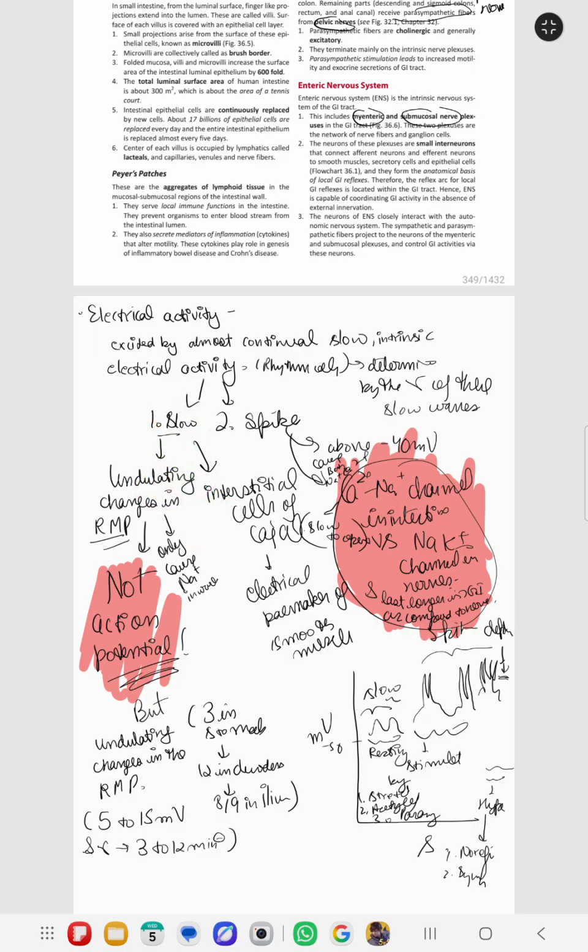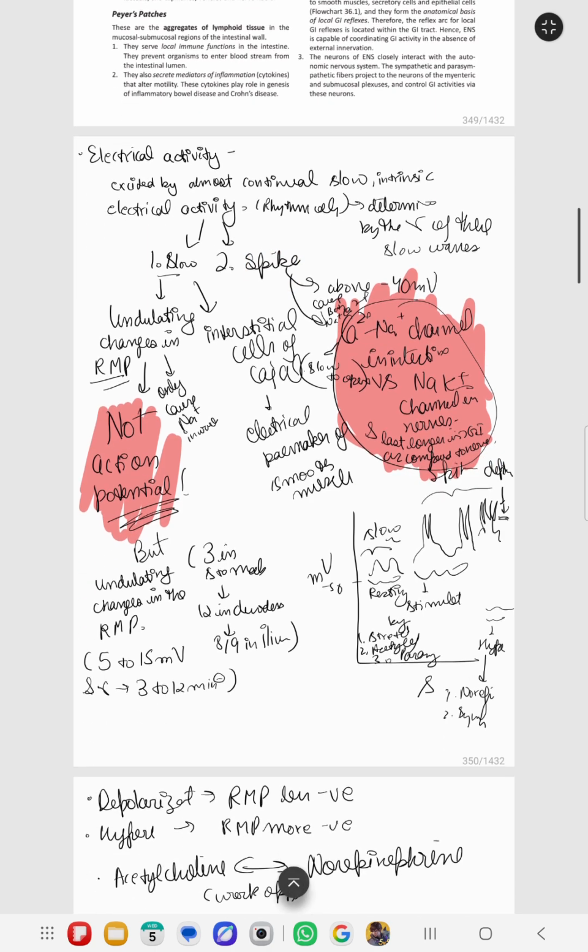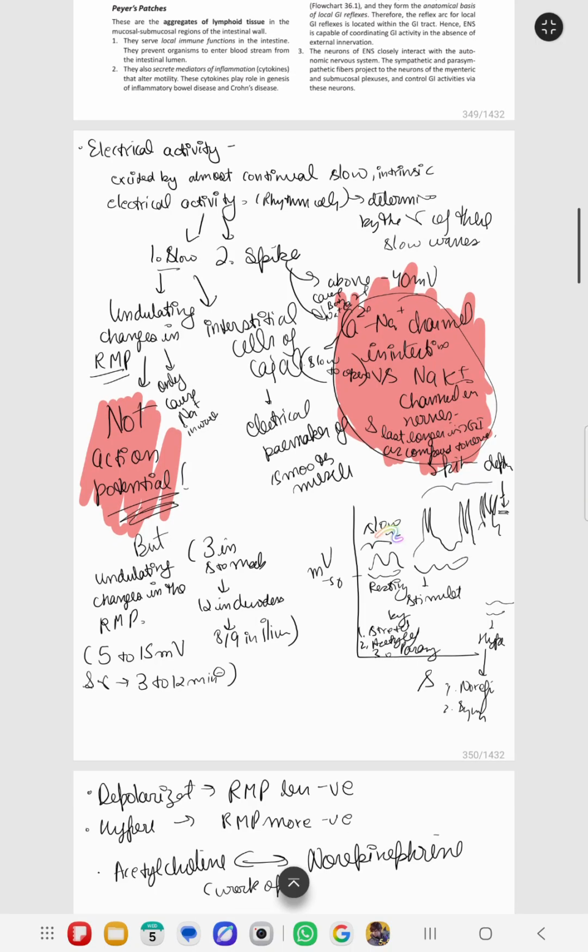Now the spikes. These are about -40 millivolts and are caused by both sodium and calcium channels. They last longer compared to the action potential in the nerves. These are slow waves, these are spikes, right?